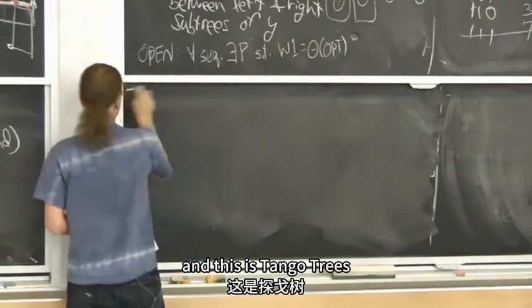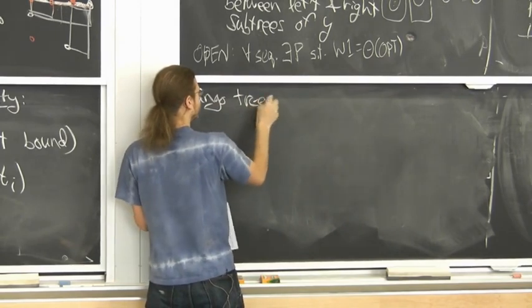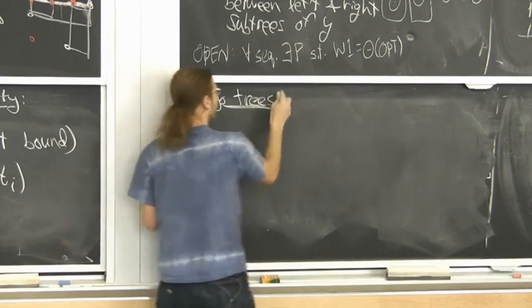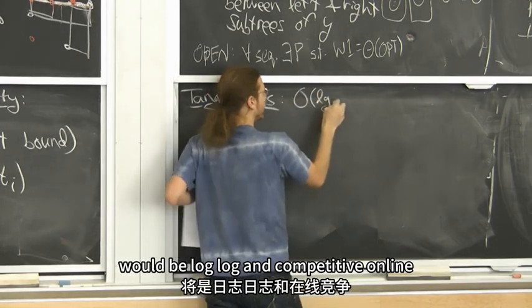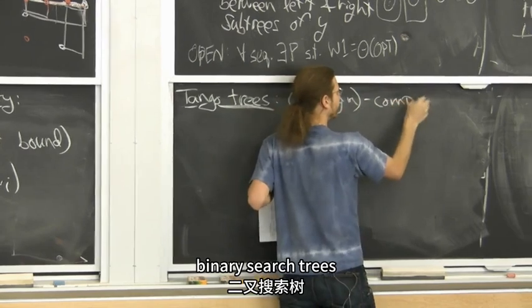And this is tango trees. They would be log n competitive, online binary search trees.